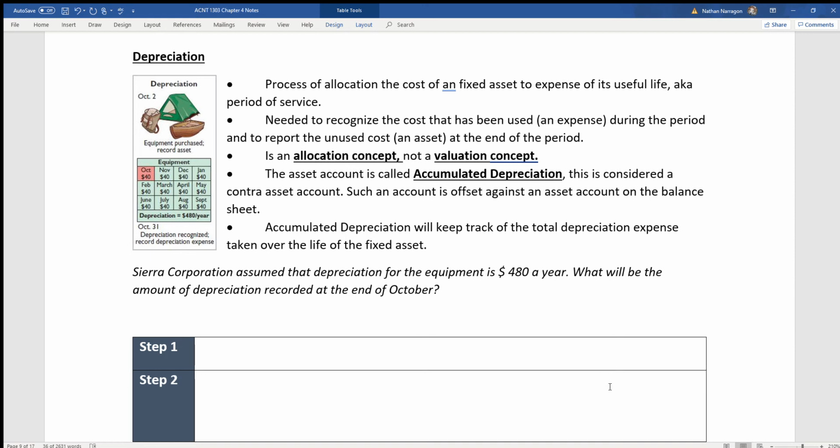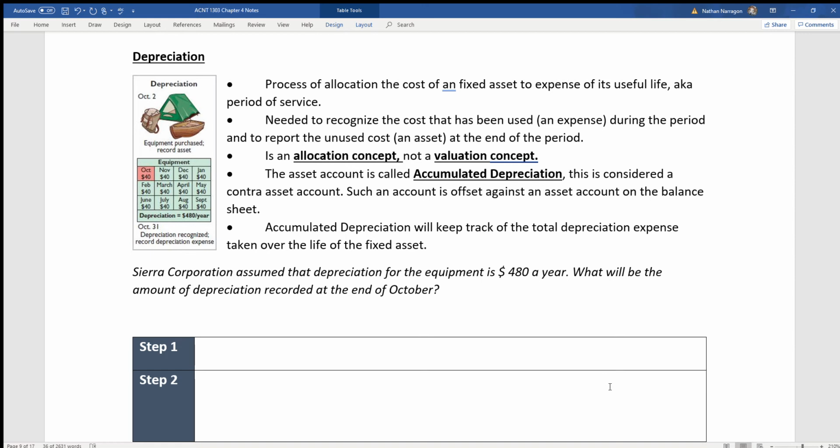But this is called depreciation. Depreciation in itself is a process of allocating the cost of a fixed asset, or plant asset, or property, plant, and equipment, depending on how we call it in the business, over its useful life, or basically its period of service.